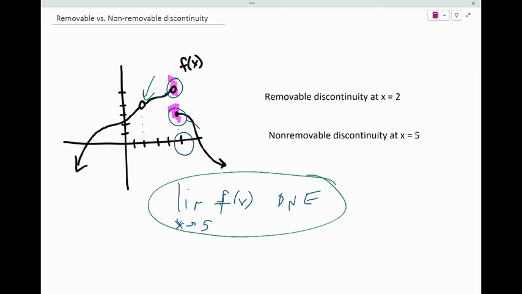But we could say a little bit more than that. We can say, if x is approaching 5 from the right, it looks like the y values are heading towards 3. And if you're approaching 5 from the left, the y values are heading towards 5. I think I said 6 before, but this is 5. So we're going to introduce one-sided limits in the next lesson to help define two-sided limits that don't exist where the one-sided limit does exist.